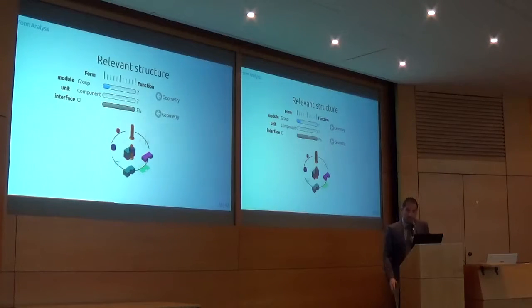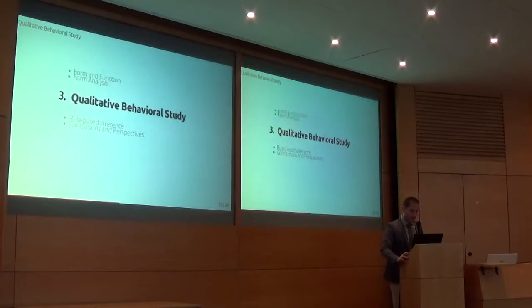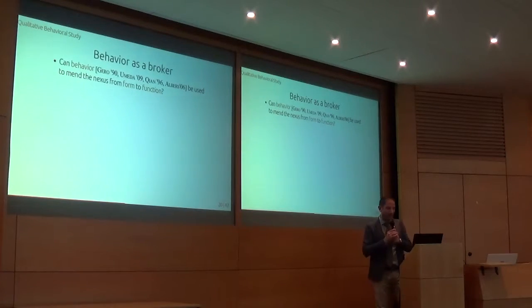So, to clarify this ambiguity, we borrow context, as I mentioned before, and this is the subject of my next part, which is a qualitative behavioral study. The question that we ask is, can behavior, which is used throughout the literature to make the link from function to form, be applied here to mend the ambiguous link between form and function?